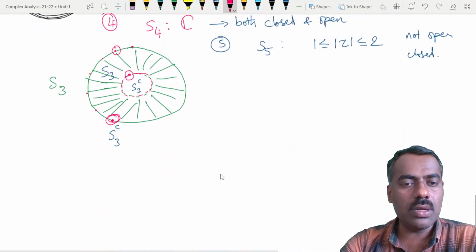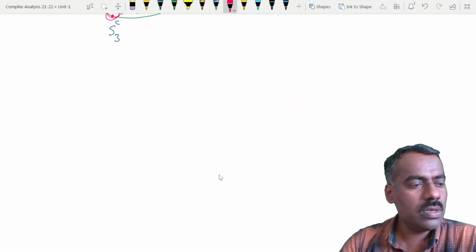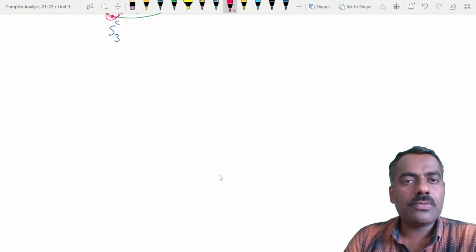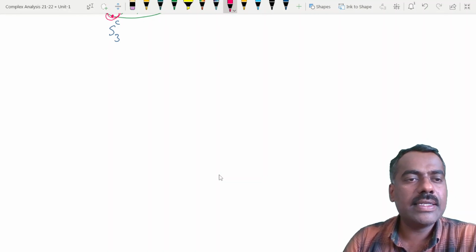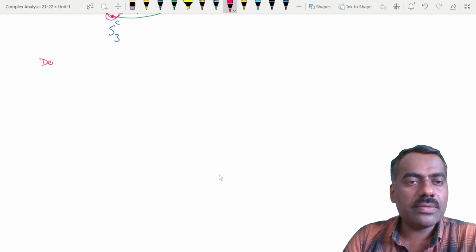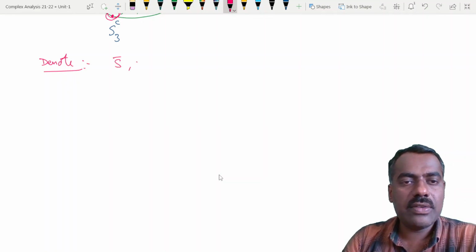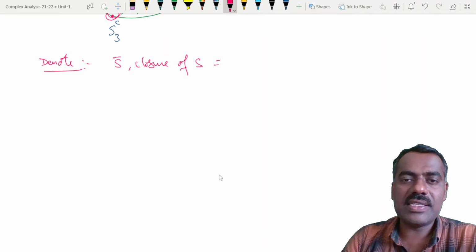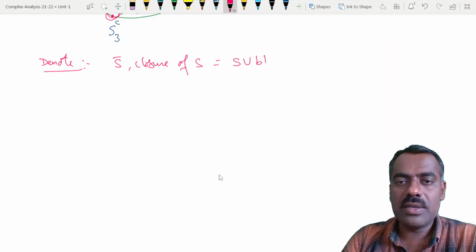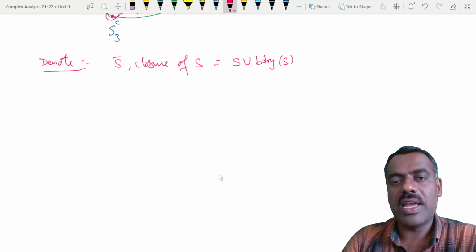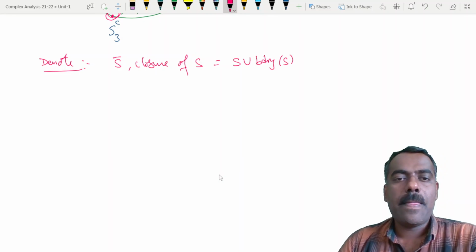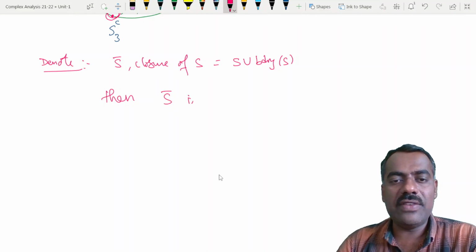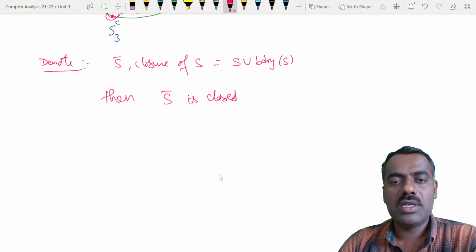Now, of course, you can call it S bar. If you denote the closure of S, S bar, as S union boundary of S, then one can check that this S bar is always a closed set.